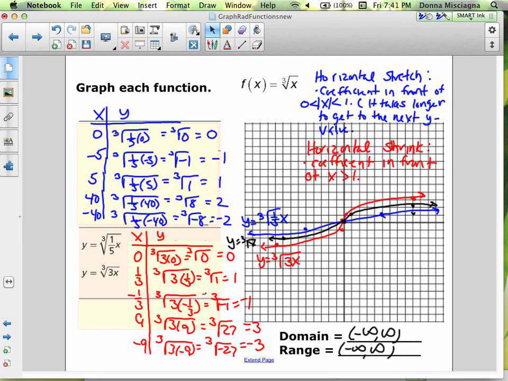So when our coefficient in front of x is greater than 1, it takes less time to get to the next y value.